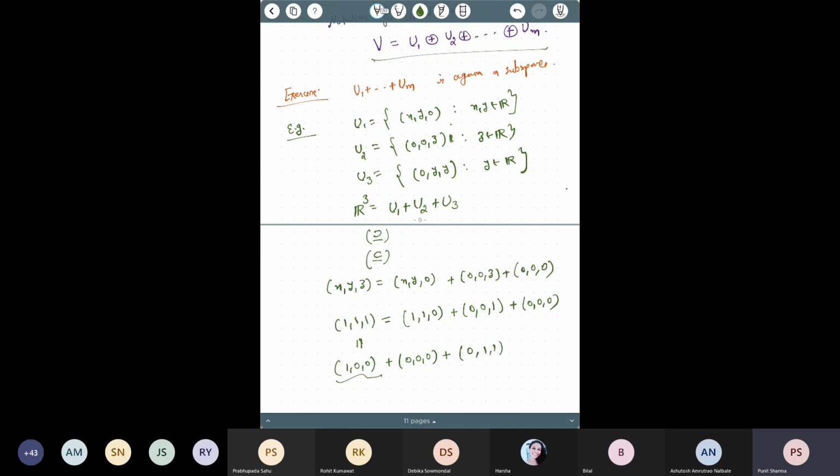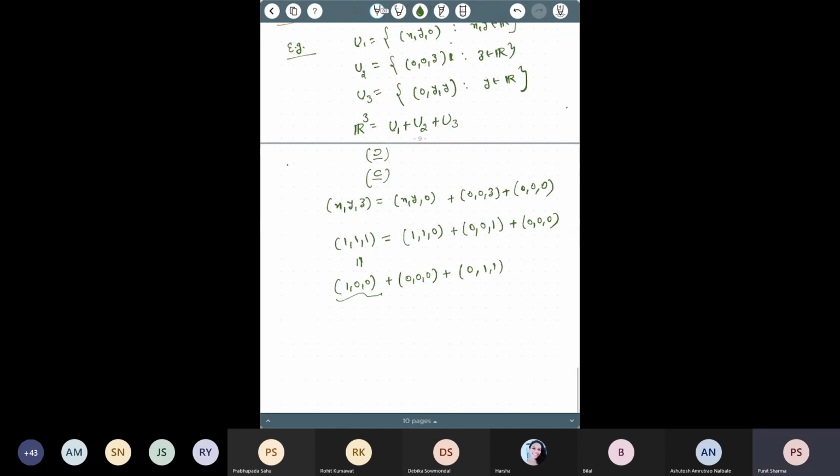Now here is an example where you can say that U1, U2, U3 form a sum of R3, but they do not form a direct sum. And you can take another simple example. Instead of U1, U2, U3, can you say this thing here? Yes, sir.